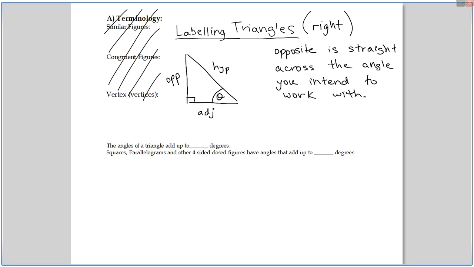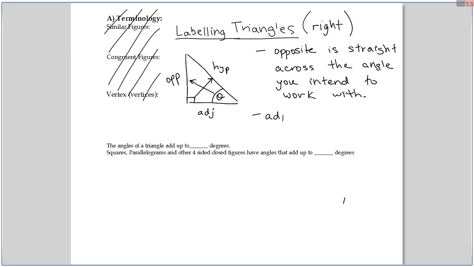So if you want to use that angle down in the corner, then you go straight across and label opposite. And some people do this at first to help them. Like straight across the 90 is the hypotenuse. Now those arrows are just in your mind to help you. So if you could label the hypotenuse and then find the angle you intend to work with and go straight across and label the opposite, then that last side is forced to be your adjacent.